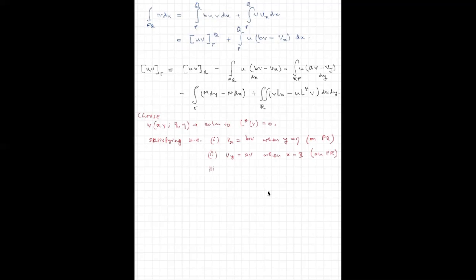And thirdly, v is equal to 1 when x equal to xi, y equal to eta. Okay, so we choose this. So we are going to call this particular function a Riemann function.